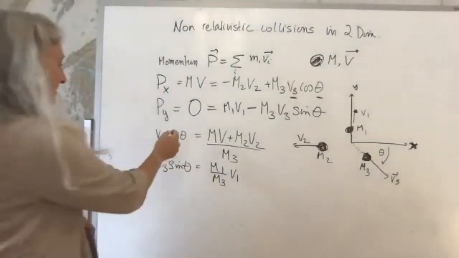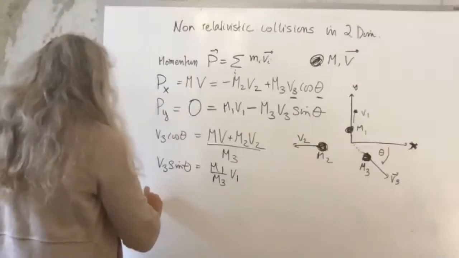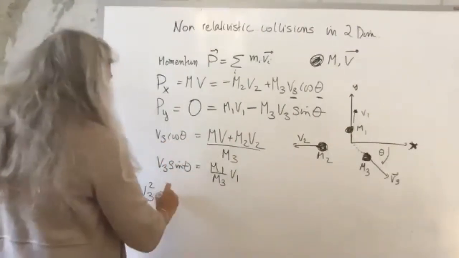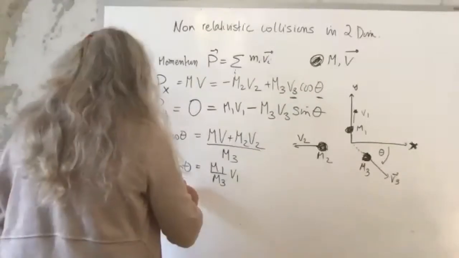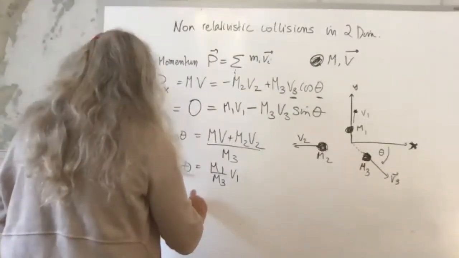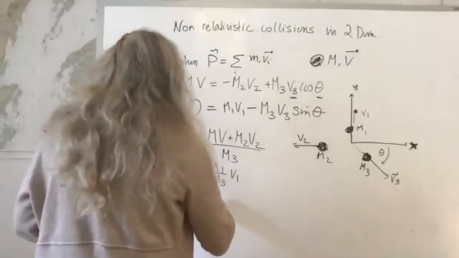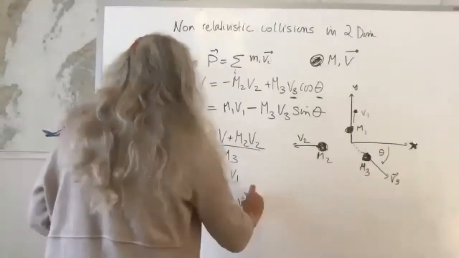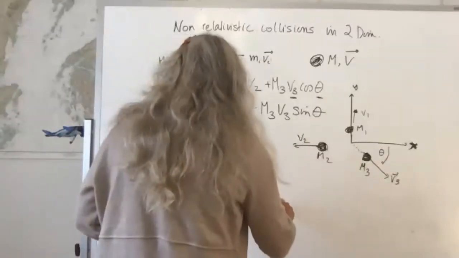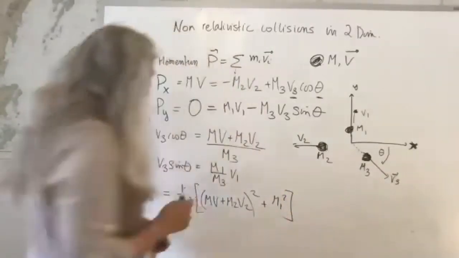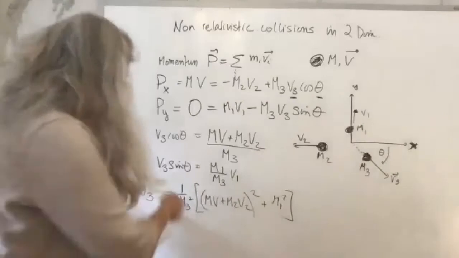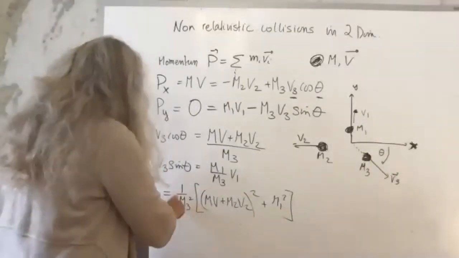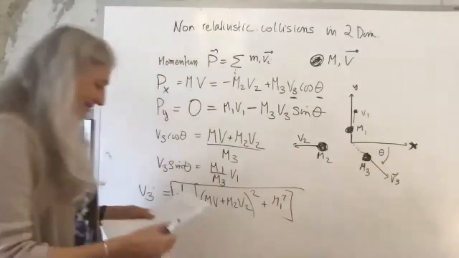That's nice. Now I can square both sides. v3 squared, sine squared plus cosine squared is 1, is equal to 1 over m3 squared times (mv plus m2 v2) squared plus m1 squared. So that's the expression. We can take the square root of this if we want the final answer.